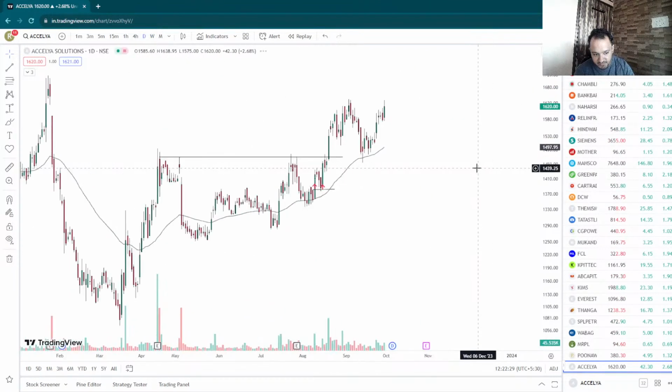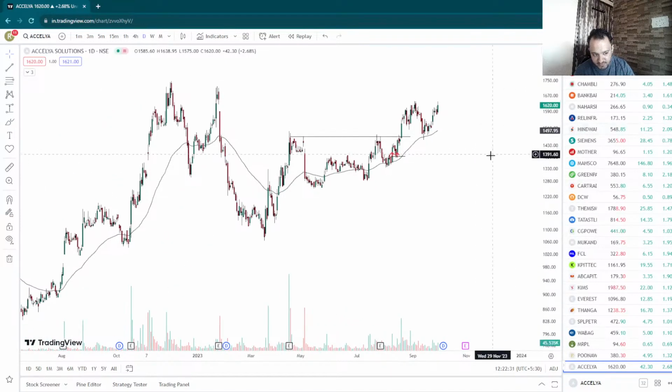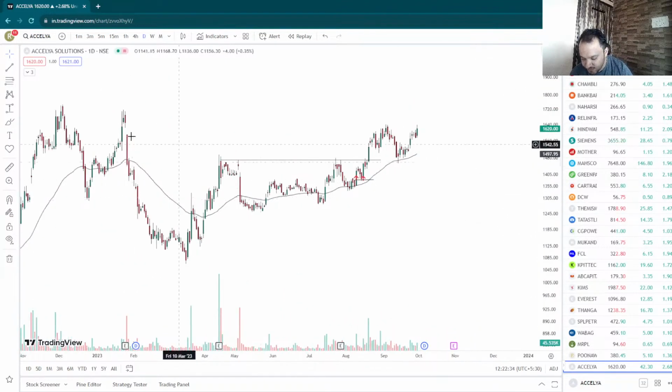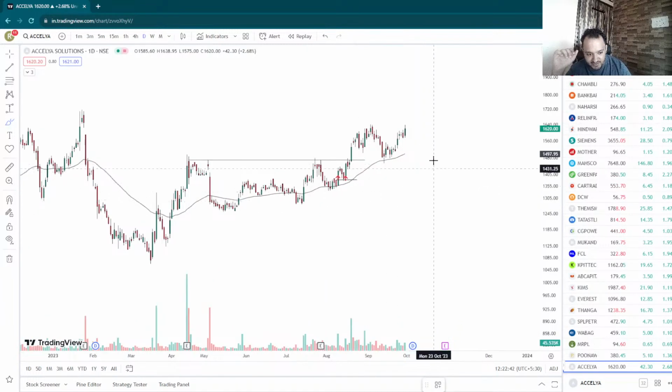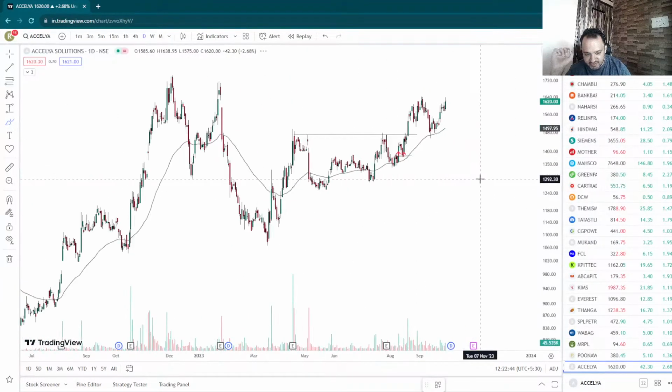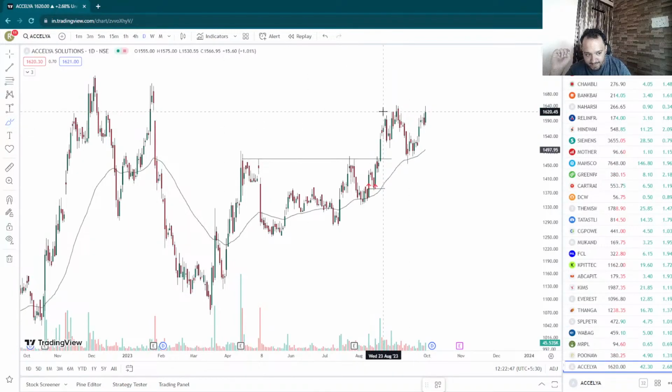Okay, so again, this is also extended. So see, let's talk about it. So please pay attention now. What happens is extended stocks are not necessarily bad just because of being extended. What is bad is that the breakout can fail.